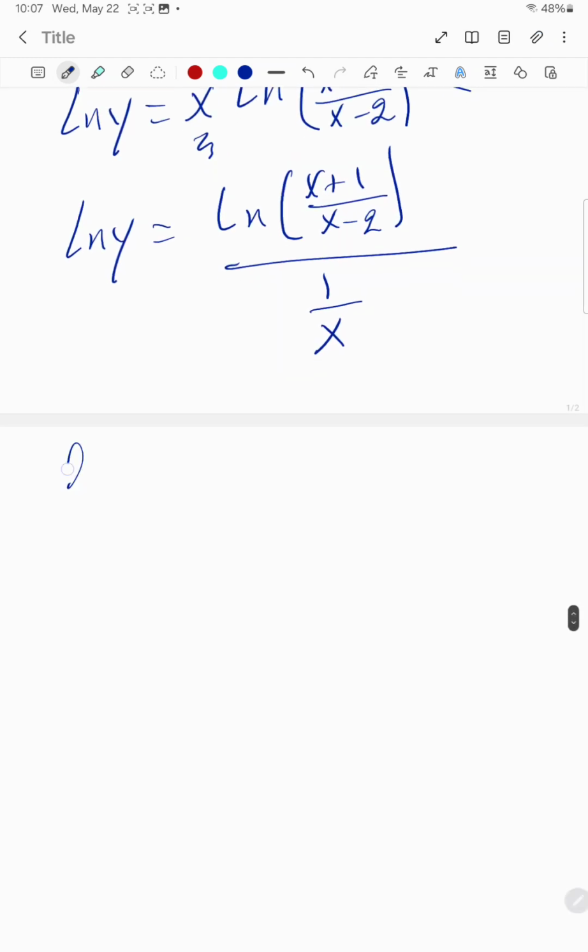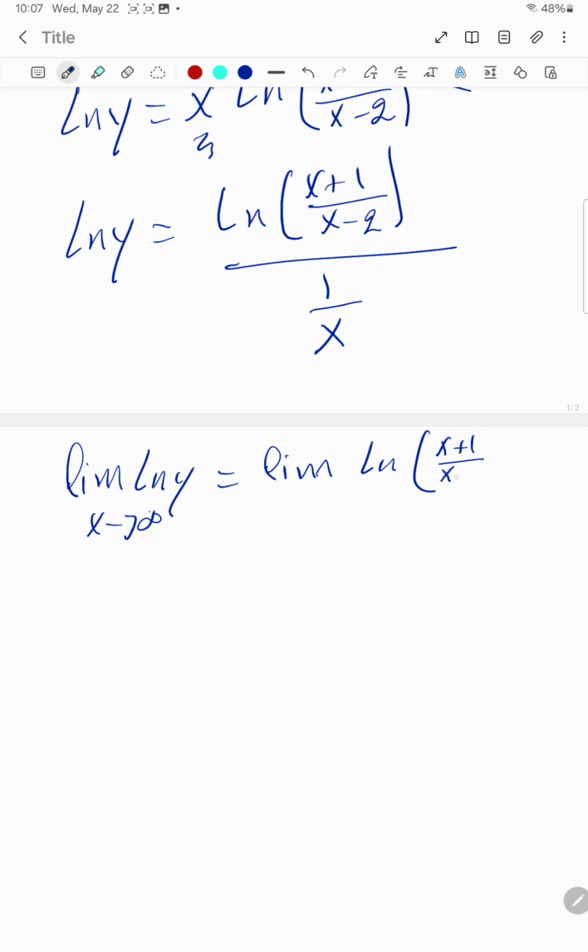So let's say the limit of ln of y when x goes to infinity is equal to the limit of ln of ((x plus 1) divided by (x minus 2)), all divided by 1 over x.